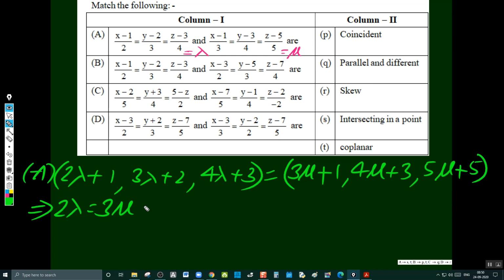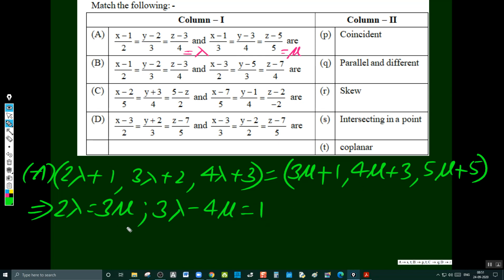And second one, 3 lambda plus 2 is equal to 4 mu plus 3. So 3 lambda minus 4 mu is equal to 3 minus 2, that is 1.